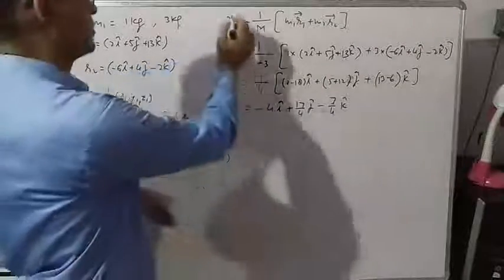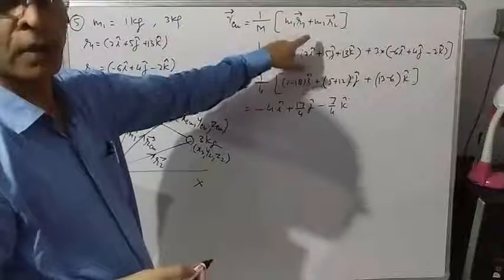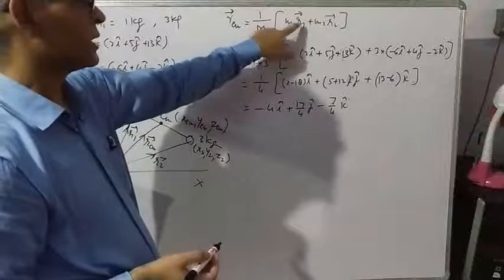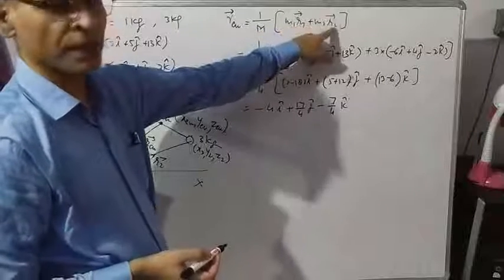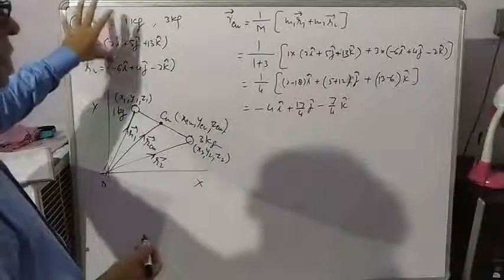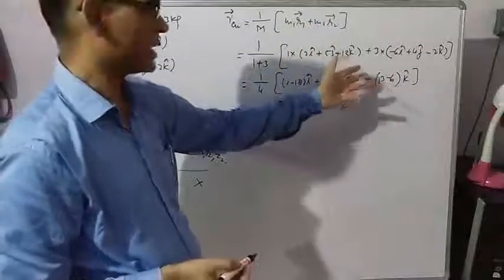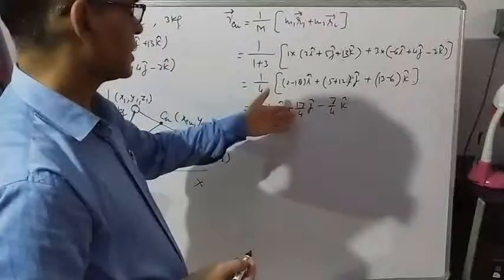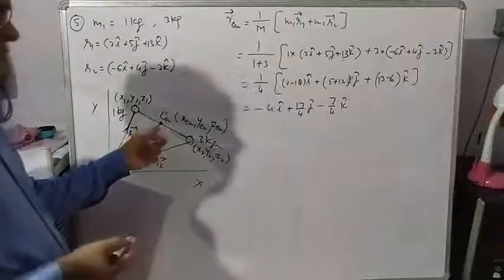The formula of center of mass in terms of position vector you already know: total mass, position vector of the first particle, position vector of the second particle. Now everything is given. Take all the values, put them here. It is a simple calculation, addition and subtraction. Do calculations and you will find the position vector of the center of mass.